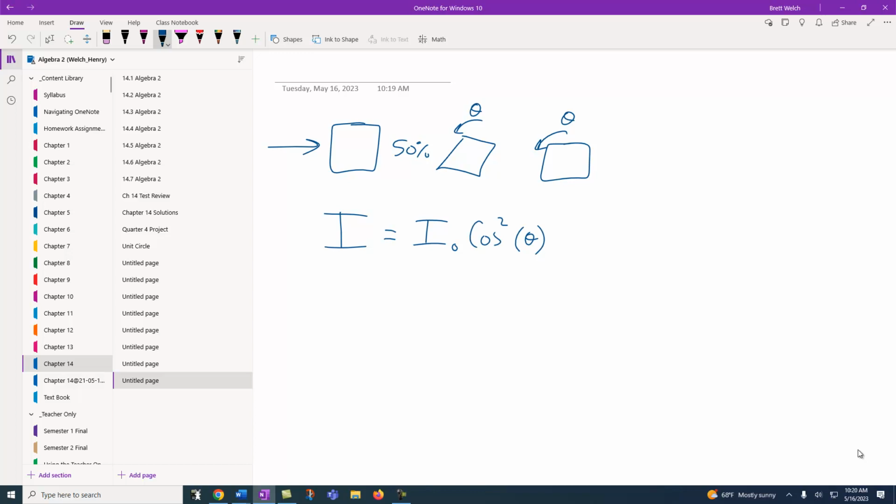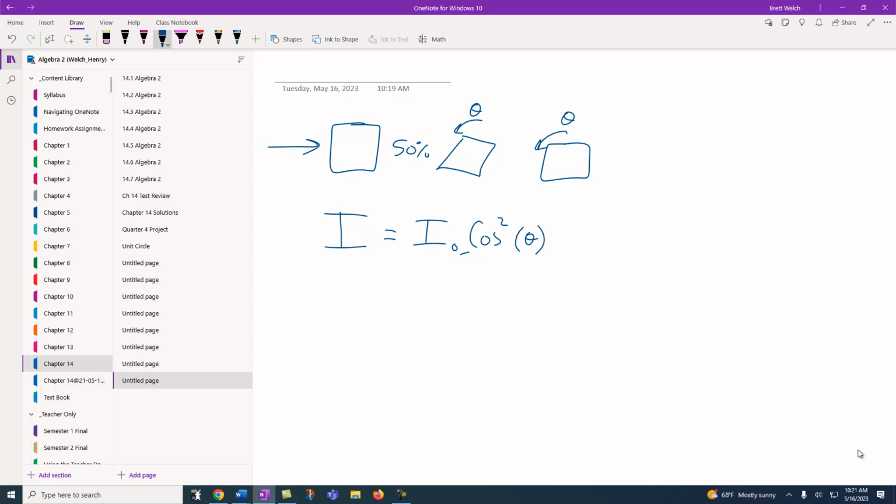That formula has a lot of context buried inside. I naught will never be the total amount of light. It'll be 50% of the total amount of light, and then whatever comes through becomes the initial intensity for the next polarizer. You have to understand the context of that layering.